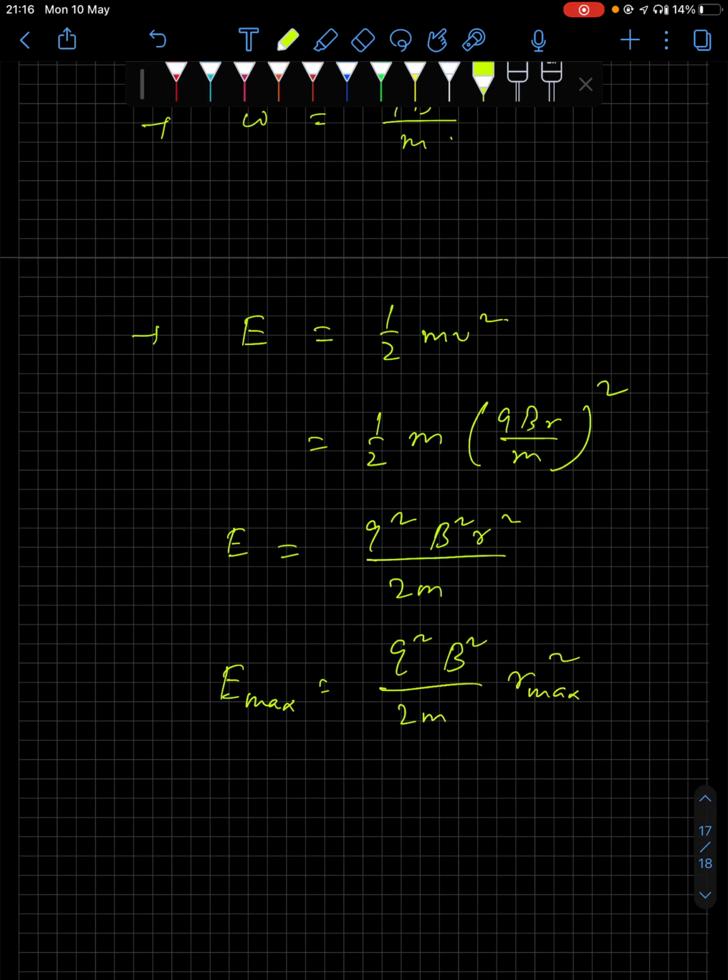That means this is the energy of the exiting charged particle, while the earlier expression is the energy at any instant. Here we are using R max because the other parameters, q, B and m, are constant. So when R is maximum, the kinetic energy gained by the charged particle will be maximum.